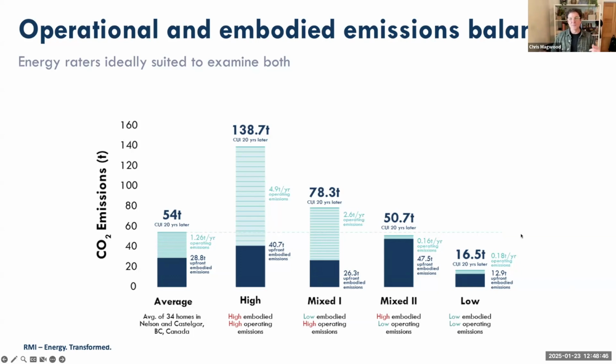And that's why it's great for people who do energy modeling to also do embodied carbon modeling, because if you keep these things separate, you could end up with any of these three scenarios in the middle where it's like, well, I did a great job, but the person over there didn't, and so it doesn't really work out. I think folks in the passive house space are really well positioned to have the lens on both of those things.